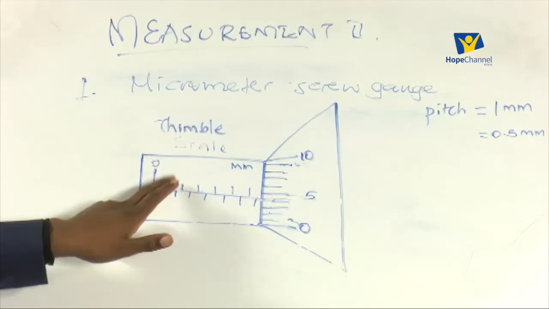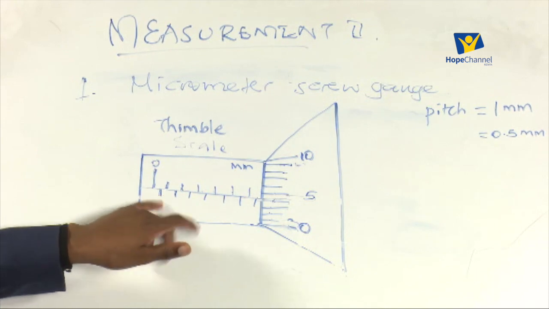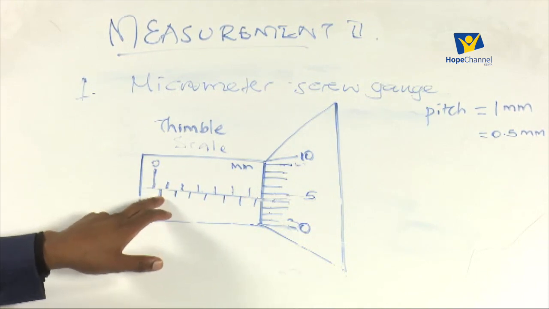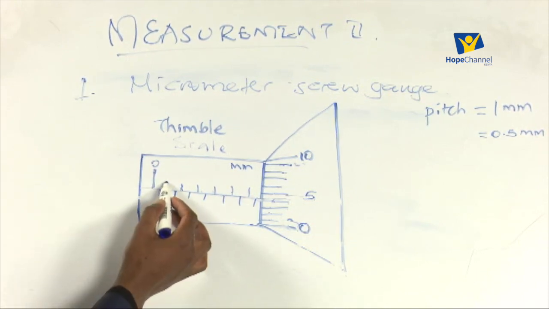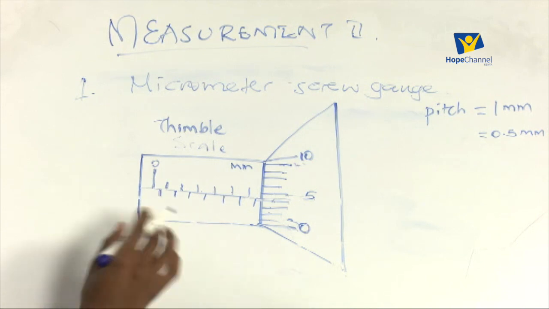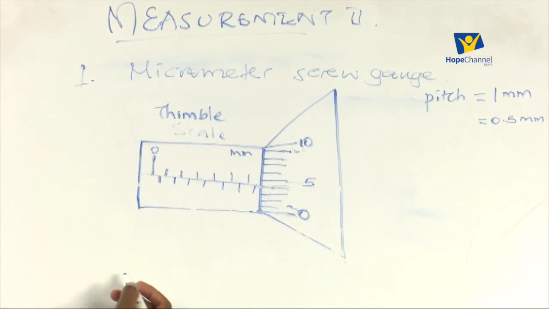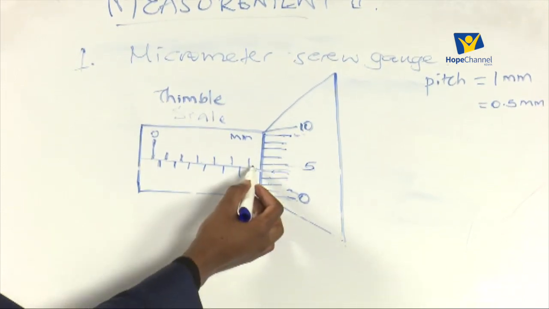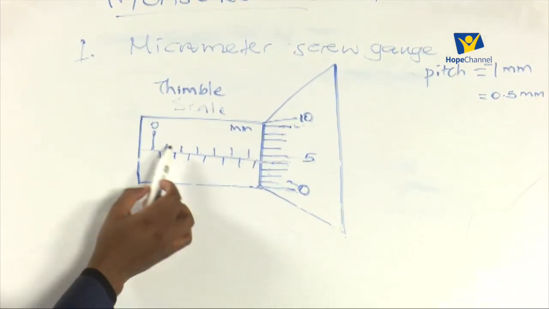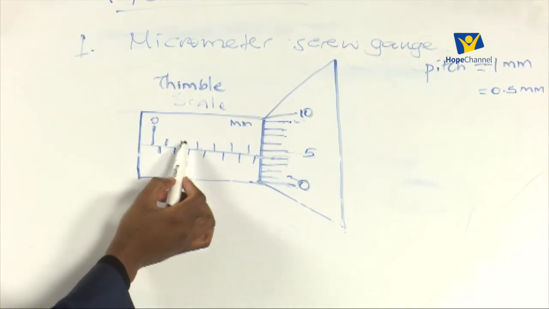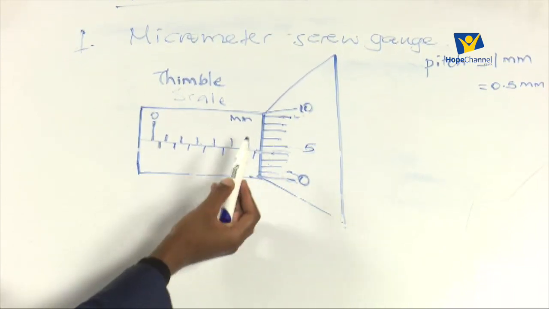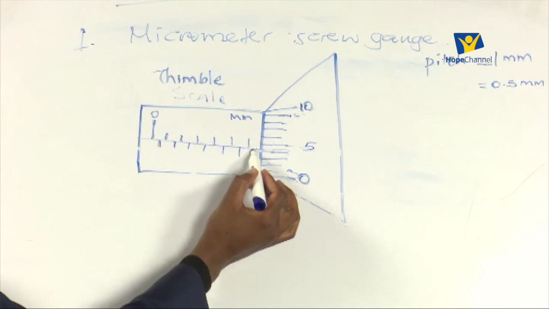If this is 1, then in between, if we have a division, from the 0 to this division is 0.5. From this division to 1 is another 0.5. So that means if we are taking the reading from this kind of micrometer screw gauge, we again take the last division we are seeing. So we have 1, 2, 3, 4, 5, 6, but we are seeing the lower division as the last one.